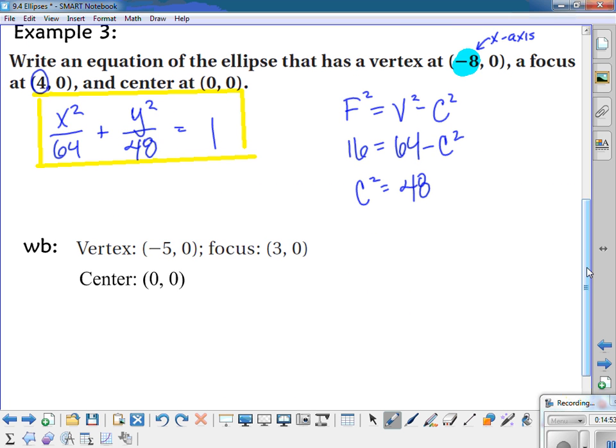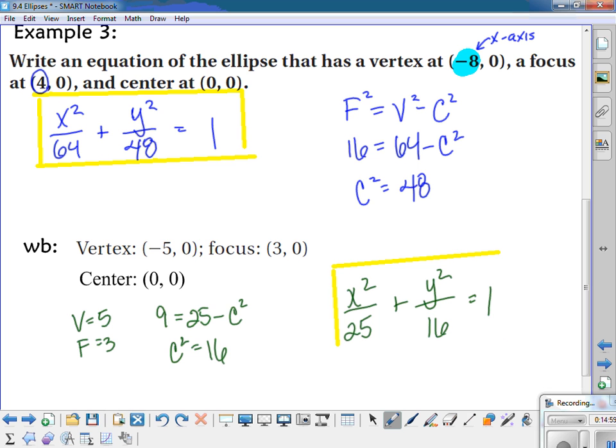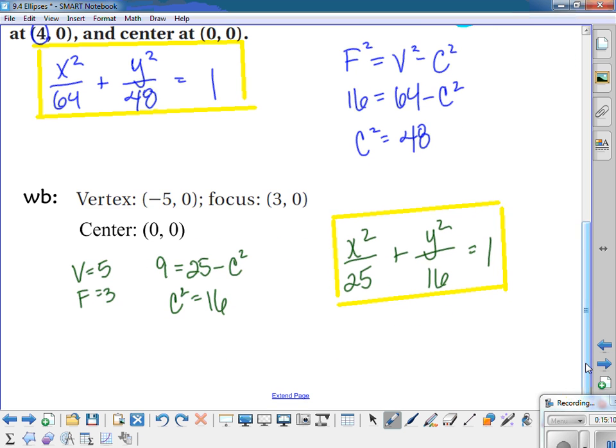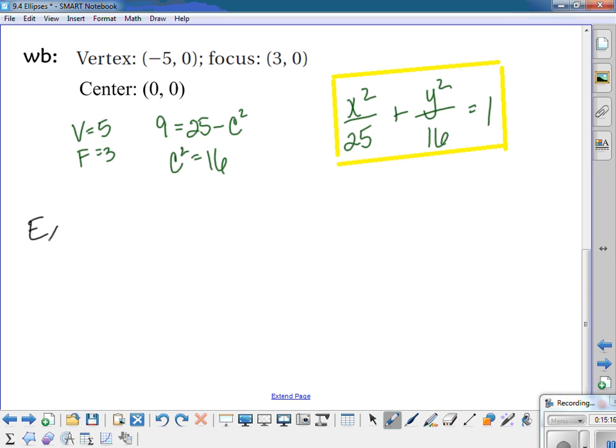All right, so for that one, we ended up finding out that the distance to the co-vertex squared was 16. So x squared over 25 plus y squared over 16 equals 1. All right, so let me do one more example for you guys, and this time I'm going to give you the co-vertex and the focus, and that way you will have seen one of each type.